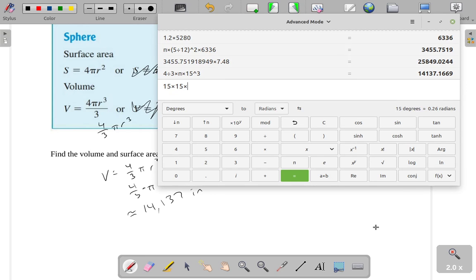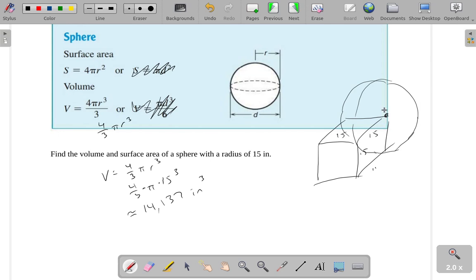If I was to take 15 times 15 times 15, you can see that's 3,000 whatever. So this cube right here only takes up, you know, we would have to essentially have 1, 2, 3, 4, 5, 6, 7, 8 cubes to fully contain this sphere.